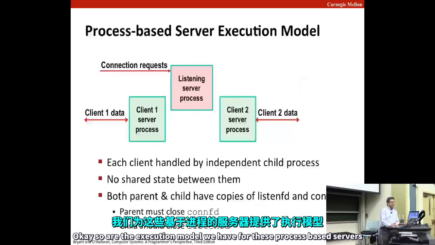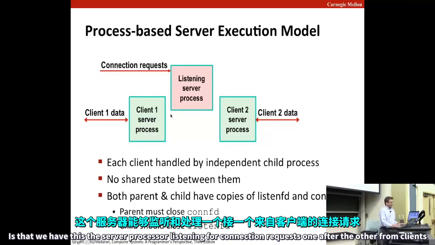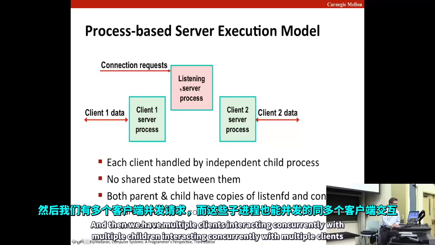Okay, so the execution model we have for these process-based servers is that we have the server process listening for connection requests, one after the other, from clients. And then we have multiple children interacting concurrently with multiple clients.